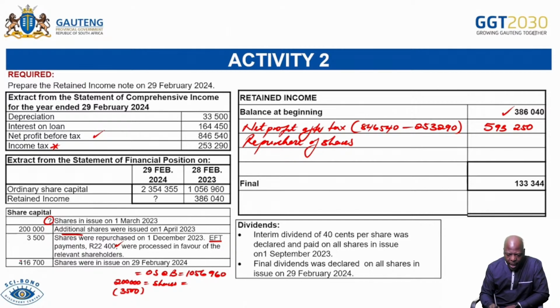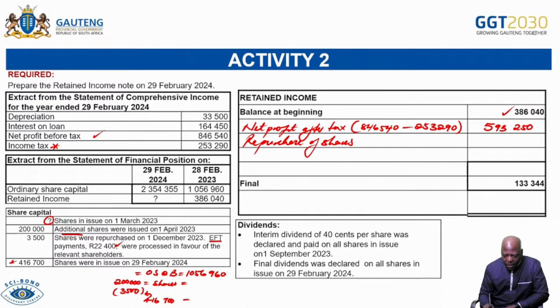And then they say at the end there were 416,700 shares. So at the end here, I'm going to put that we had 416,700 shares.